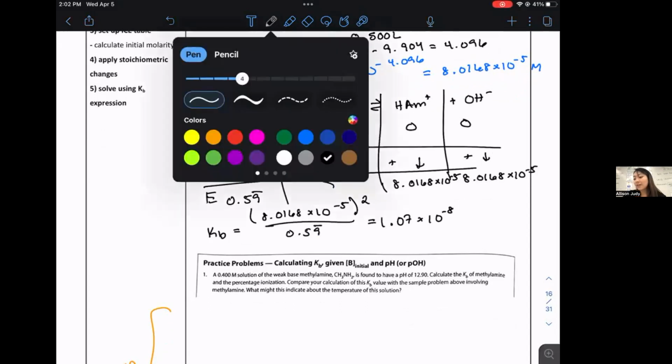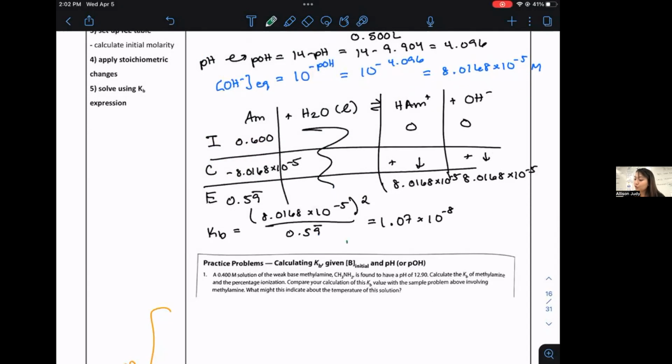No units. And if I wanted to have you take it a step further, you could find Ka by doing Kw divided by Kb. And you could find the Ka for this hydroxylamine. What is its acidic equilibrium value if it were to act like the acid? It's a lot, but it's also repetitive math.